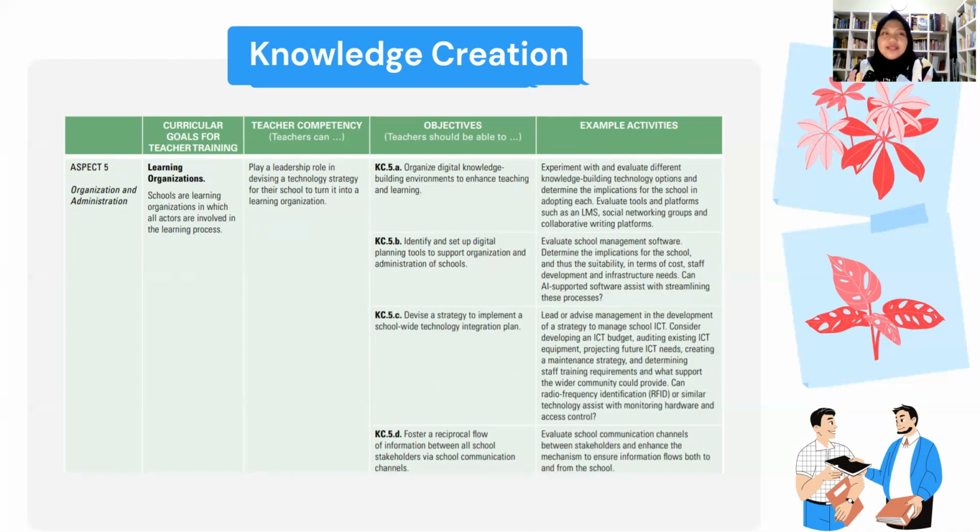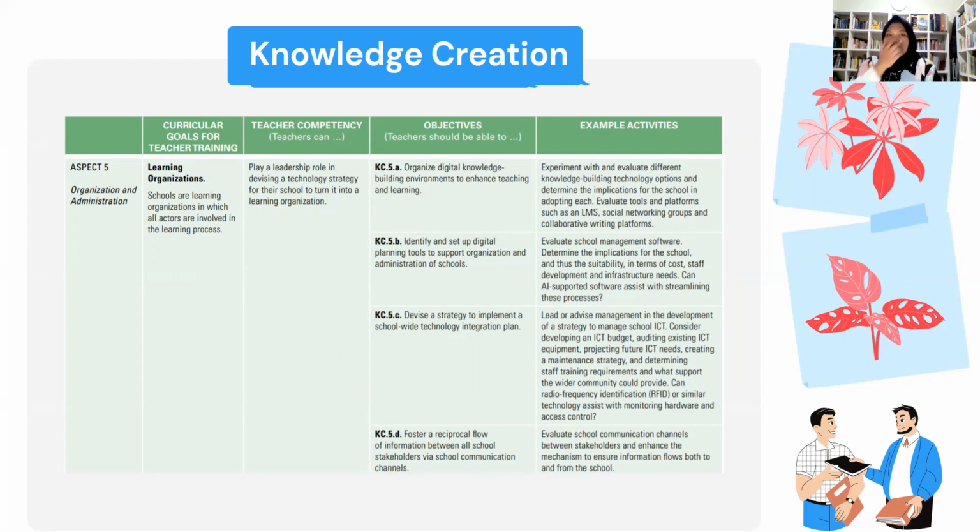The last but not least aspect is organization and administration in knowledge creation. The objective of this aspect will be to organize digital knowledge building environments to enhance teaching and learning by experimenting with and evaluating different knowledge building technology options and determining the implications for the school in adopting each.